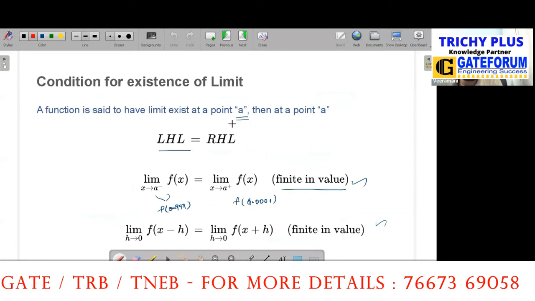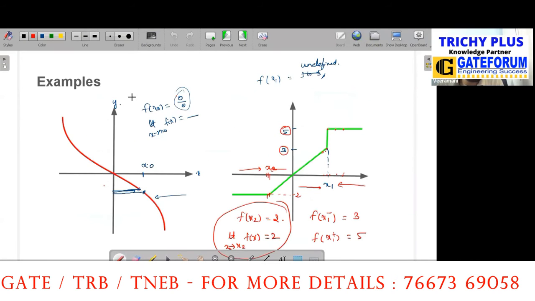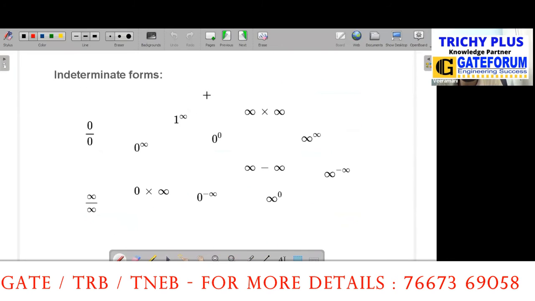So before that, first we should find out what are all the different forms of indeterminate forms. Okay, yeah. So can you give me what are all the different forms of indeterminate? Can anybody?